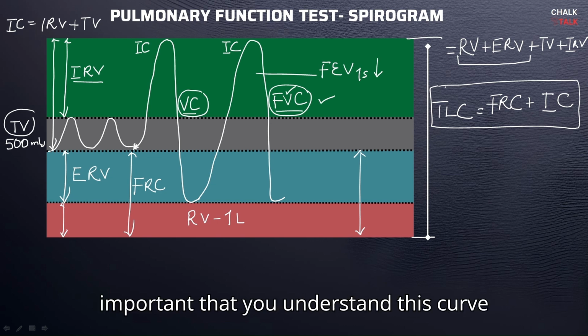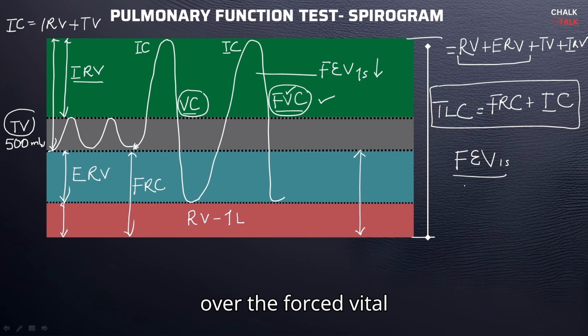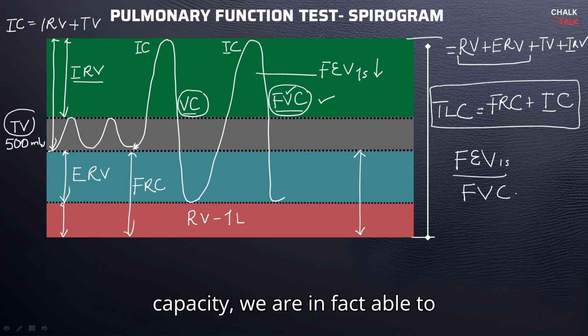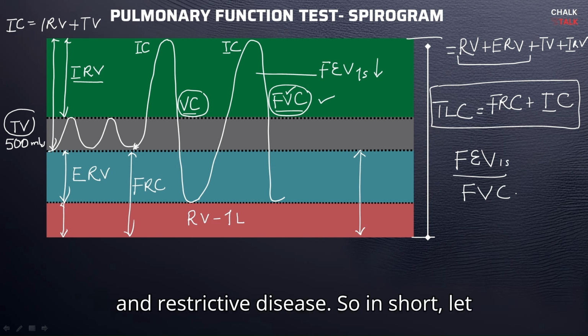So it's very important that you understand this curve because based on the ratio, that is FEV1, forced expiratory volume in 1 second, over the forced vital capacity, we are in fact able to distinguish between obstructive and restrictive disease.